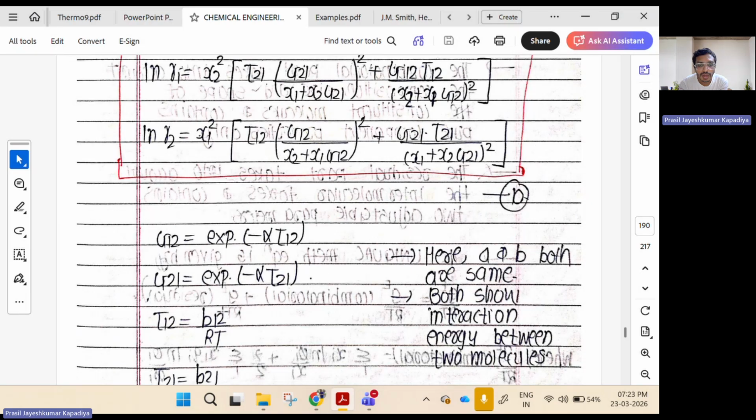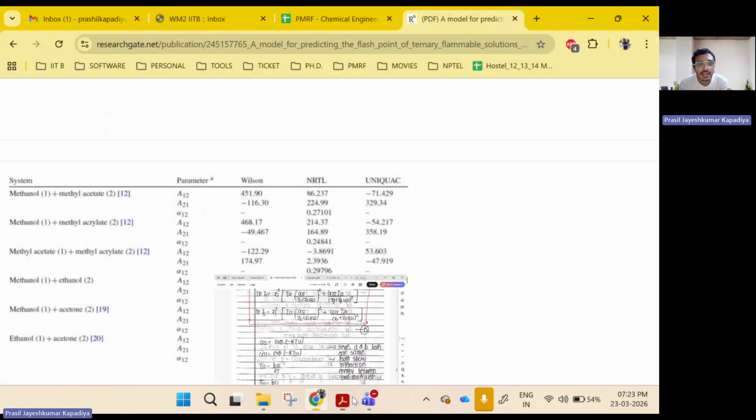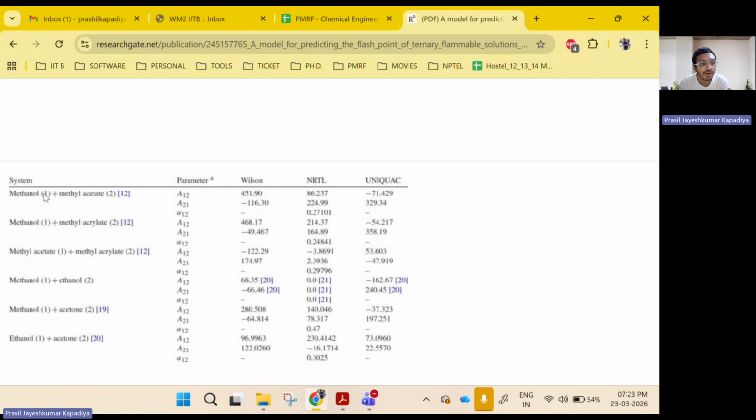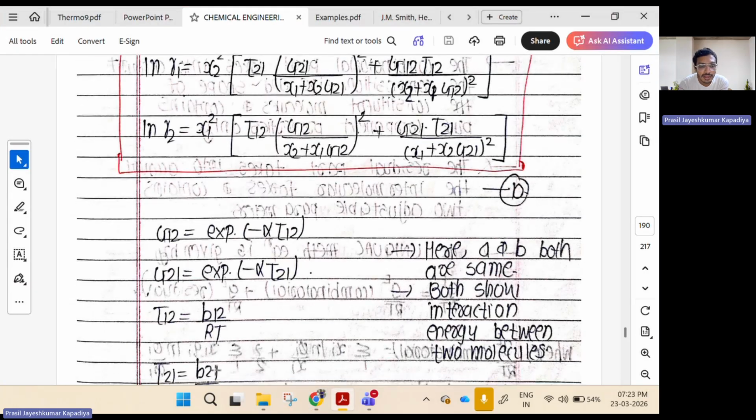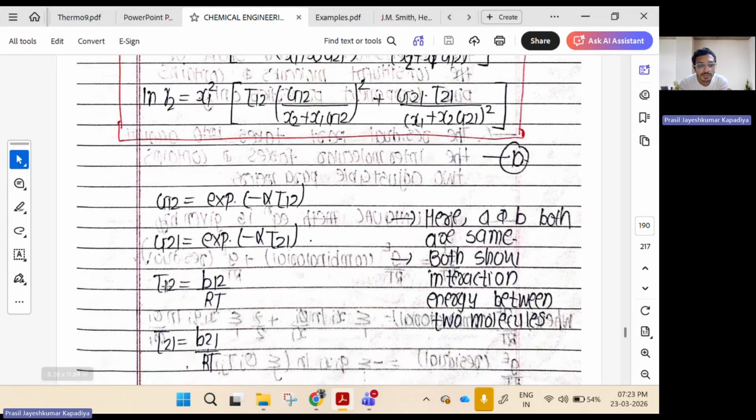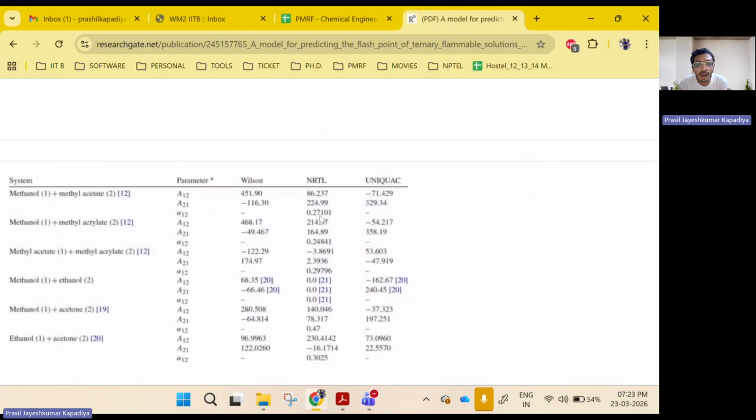Okay, so let's say I'm finding at some temperature, 298 Kelvin. I will first find out from literature, let's say I'm dealing with this system, methanol, methyl acetate. So I have A12, A21. I will put A12, A21 here, and at a particular temperature, I will first find tau12, tau21. Then I will put it here, and for that particular alpha, alpha is 0.27101.